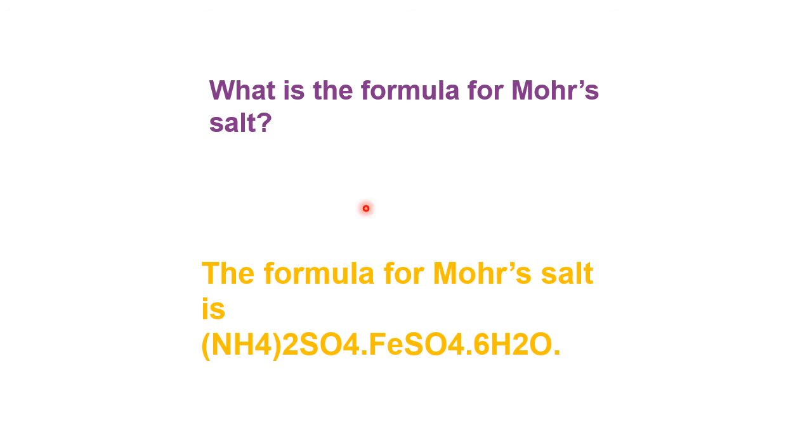In the same way, Mohr's salt is also an example of a double salt. It is the combination of ammonium sulfate and ferrous sulfate, with six molecules of water as water of crystallization. So this complete formula is called Mohr's salt: (NH4)2SO4.FeSO4.6H2O.